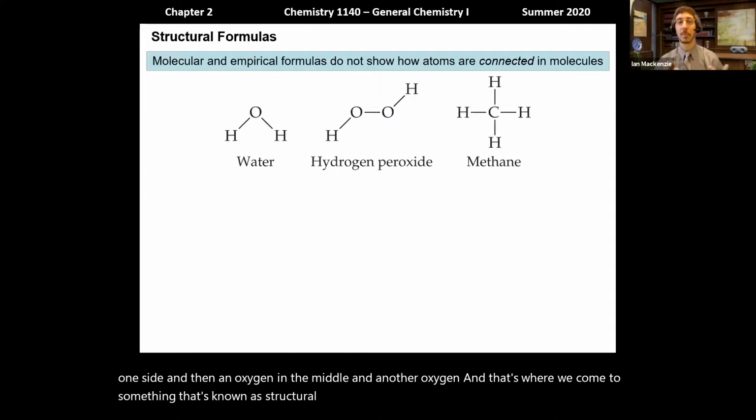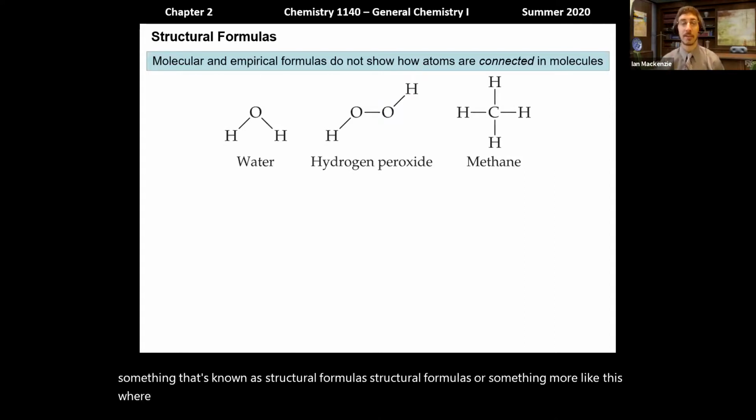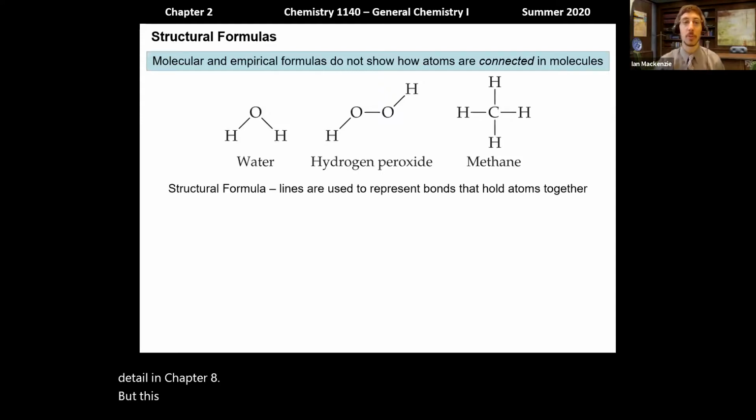Structural formulas are something more like this, where we use lines for connecting. These lines are known as bonds, and we'll talk about those in more detail in Chapter 8. But these structural formulas represent how the individual atoms are actually connected in a molecule.